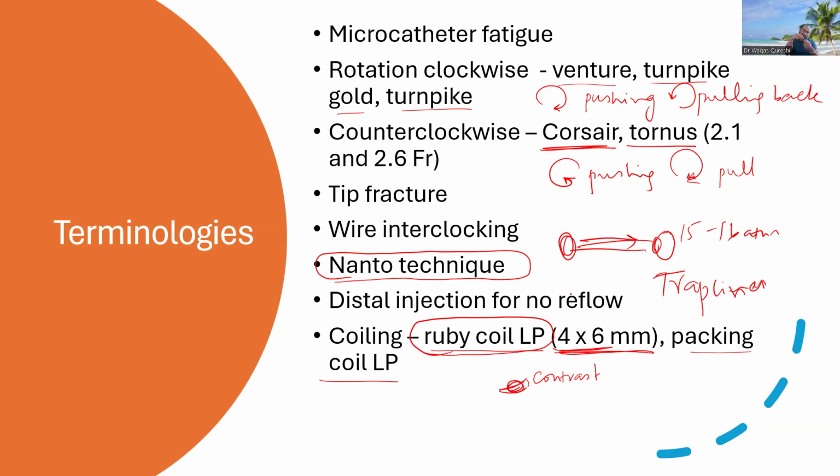So you can actually suck this fat into a syringe, and then inject it through that syringe into the microcatheter. Okay.